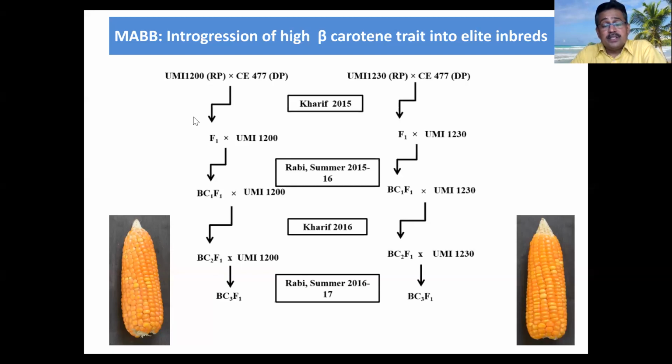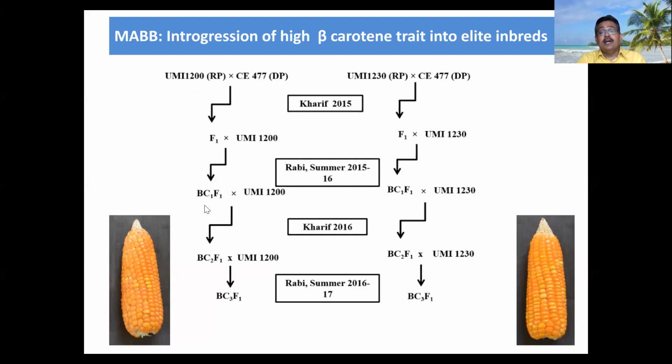Every time you backcross, you have to do what we call foreground selection. You have to select the positive allele, which is the 543 base pair, in the progenies. When you do backcrossing, every backcross you will get heterozygous progenies, and another one which looks like the recurrent parent. That is with regard to the foreground marker, that means the beta carotene trait. In the backcross population you have heterozygotes and also those that look like the recurrent parent, meaning they don't have the donor allele.